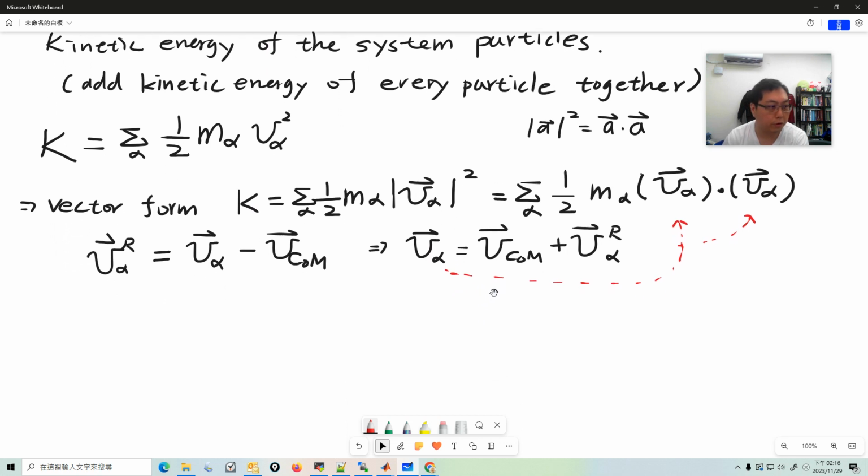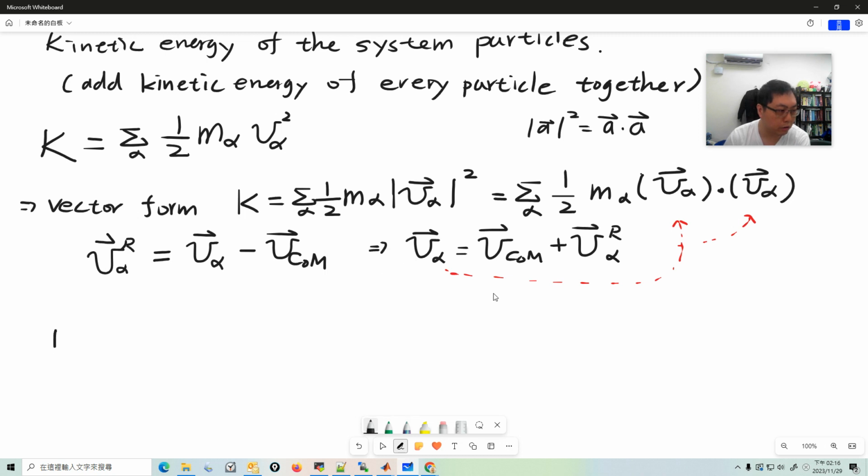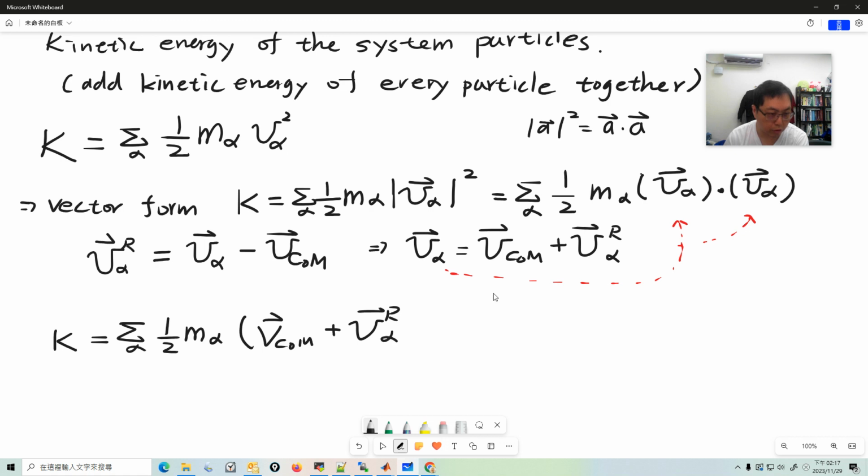What will we get? K is equal to the summation over alpha of 1/2 m alpha, where we replace v alpha with the velocity of the center of mass plus the relative velocity of each particle, doing a dot product: V COM plus V R alpha.